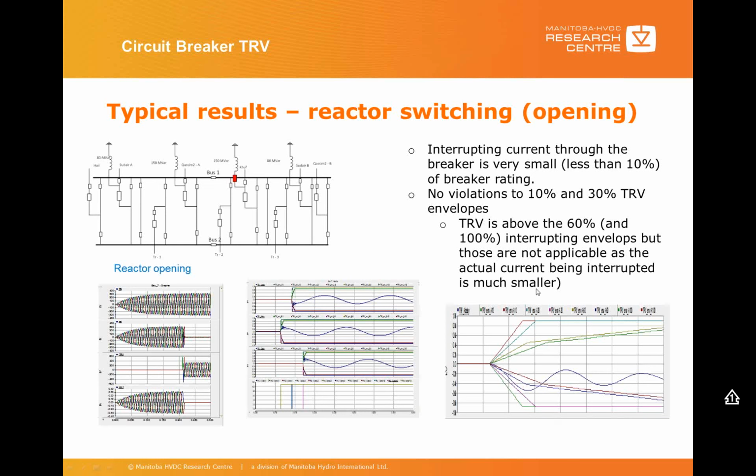But here is still not a violation, because during this particular simulation, the current interrupted by the breaker is less than 10% of the breaker capability. In that case, you have to compare with the 10% curve, which is the outermost. It is not crossing. So even though you see two curves crossing here, for this particular application there is no violation.